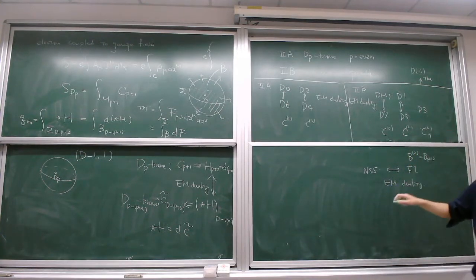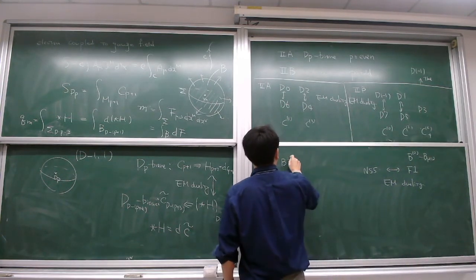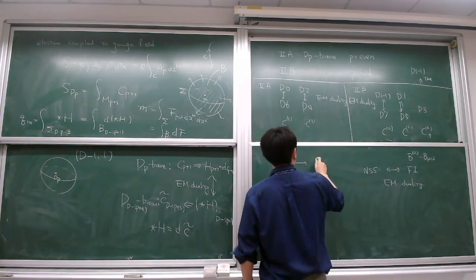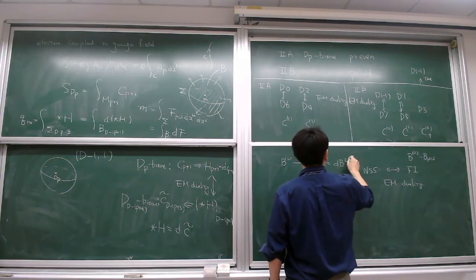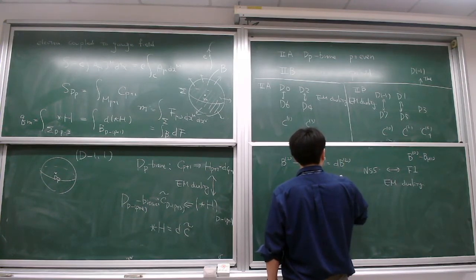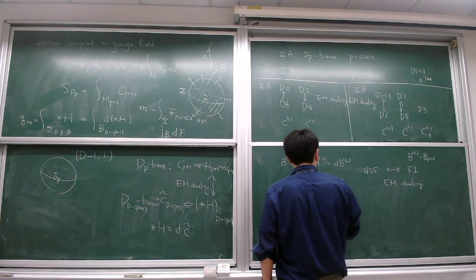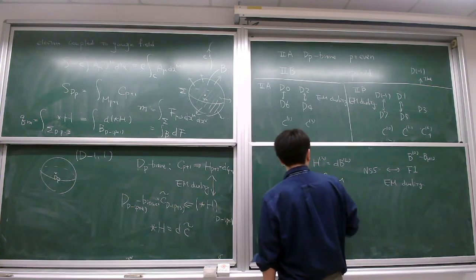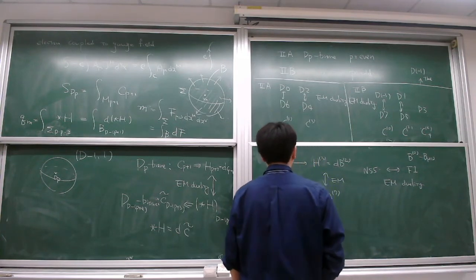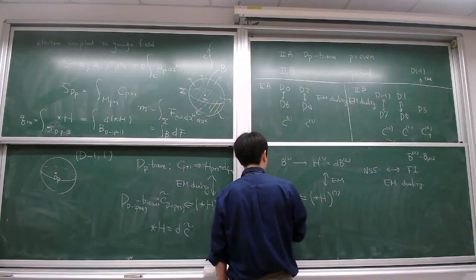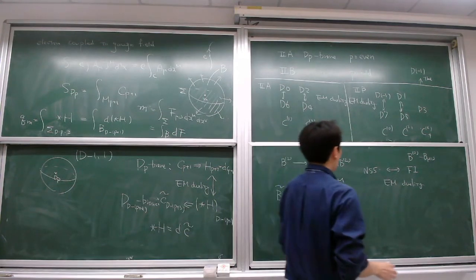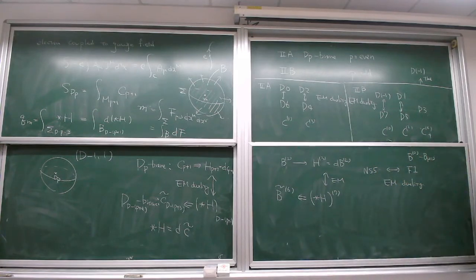You do the same exercise. You start with B2 and take H3, which is equal to dB2, and take the electromagnetic dual, the Hodge star, which is the 7-form. You get this B tilde 6 that couples to the NS5 brane.